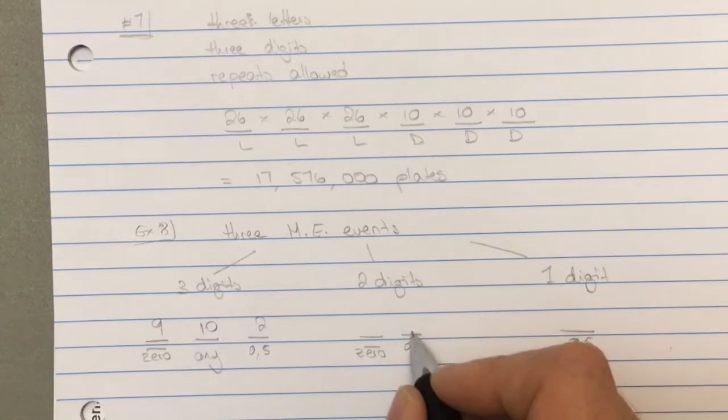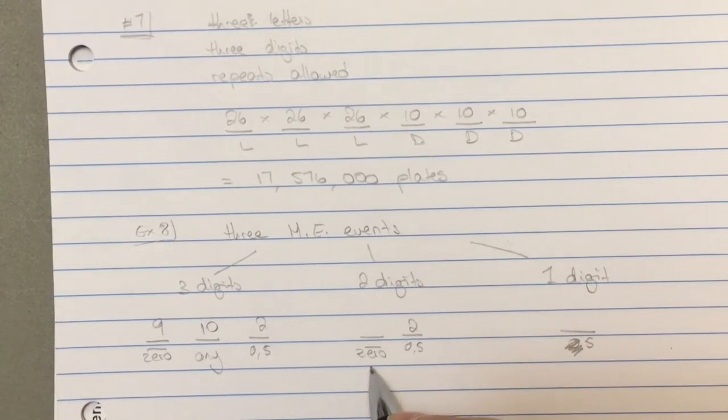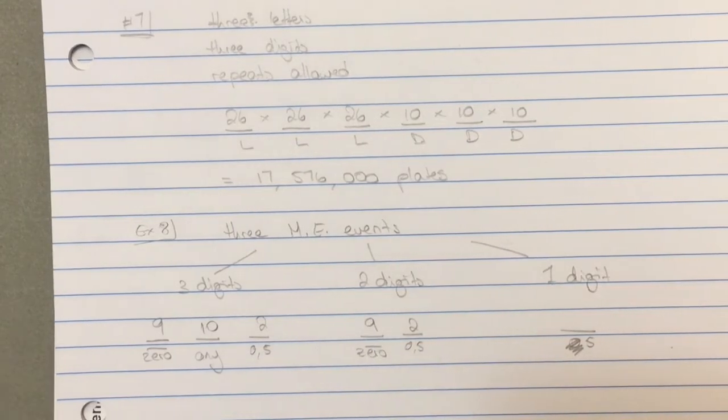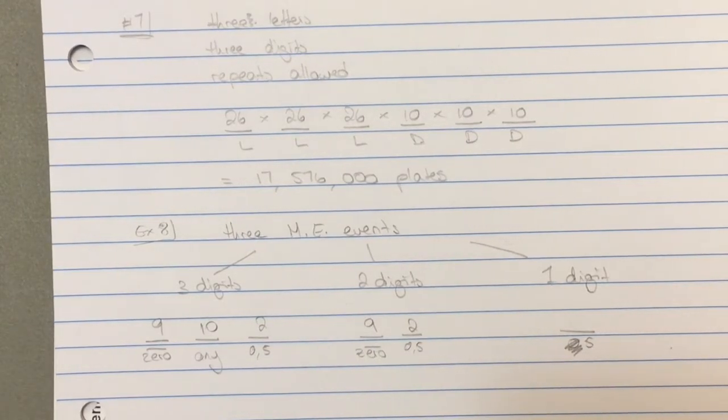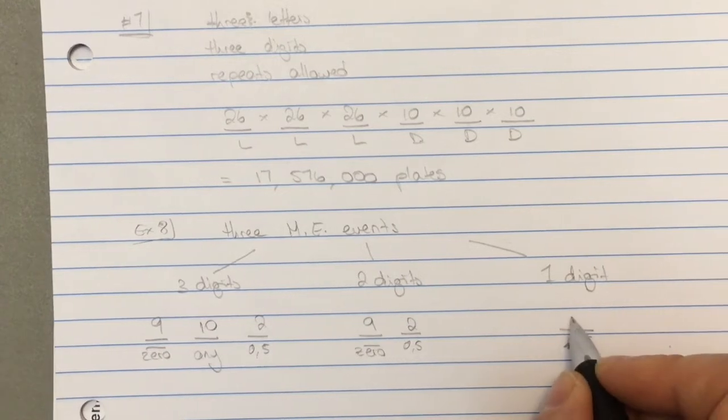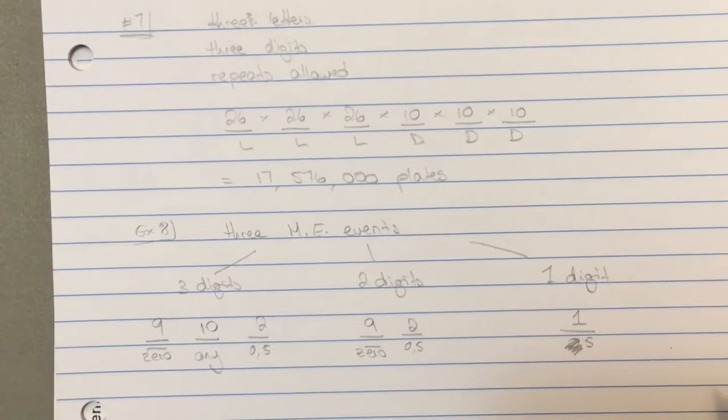And we have 9 digits to choose from for our first digit here. So we have 9 options there. And now for the last one, since we can only choose a 5, we only have 1 choice for the last digit.